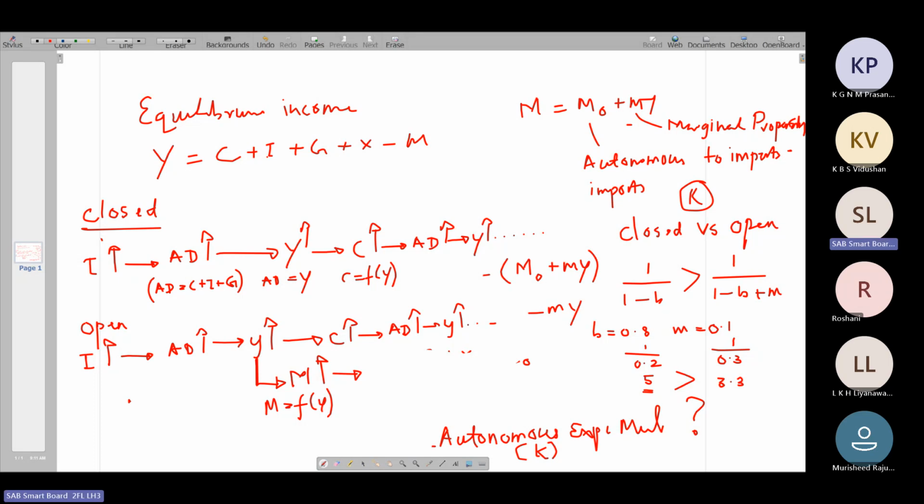That will reduce aggregate demand and income, because imports have a negative impact on national income: Y equals C plus I plus G plus X minus M, as we discussed. High imports discourage local production and income. Another thing is more foreign exchange outflows, so that reduces income.